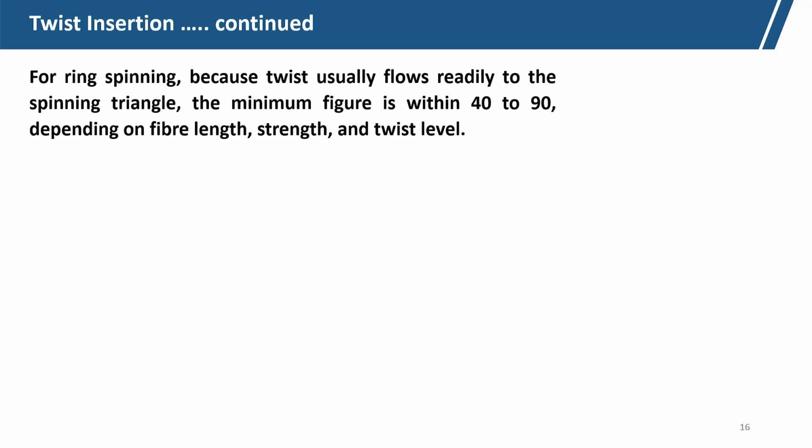For ring spinning, because twist usually flows radially, we can have a minimum number of fibers, 40 to 90 fibers, depending on the length, strength and twist. That is why in ring spinning we can produce finer yarn from the same fiber linear density.